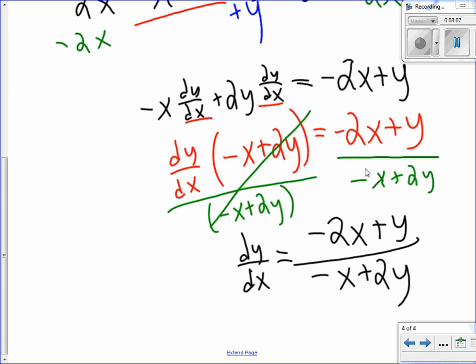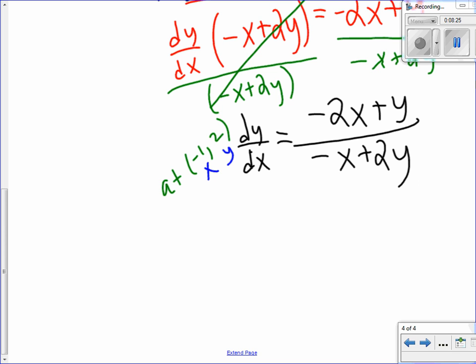Now we remember we wanted to find the derivative at the point (-1, 2). So -1 is the x value, and 2 is the y value. So we can actually go ahead and just substitute those two values in for x and y.